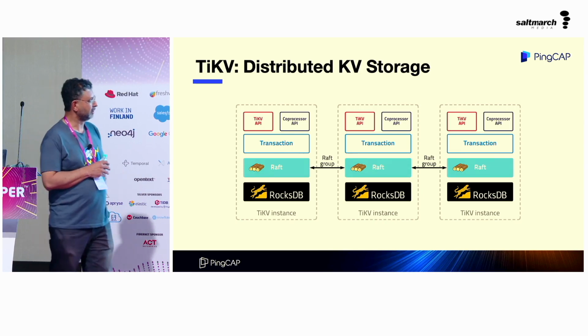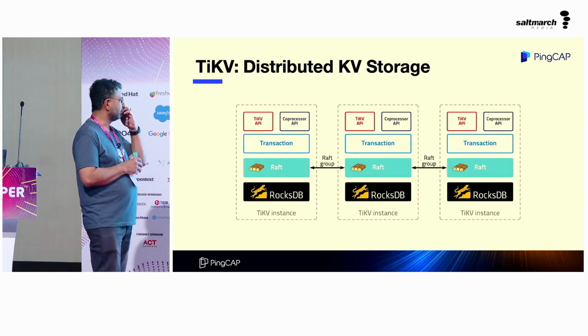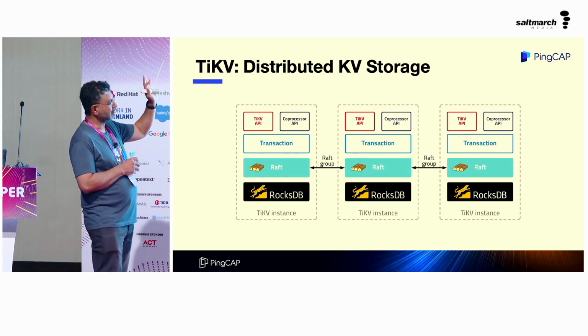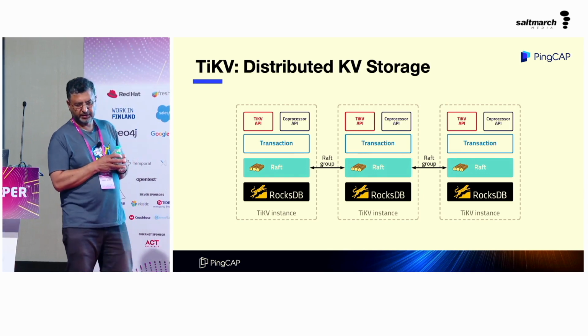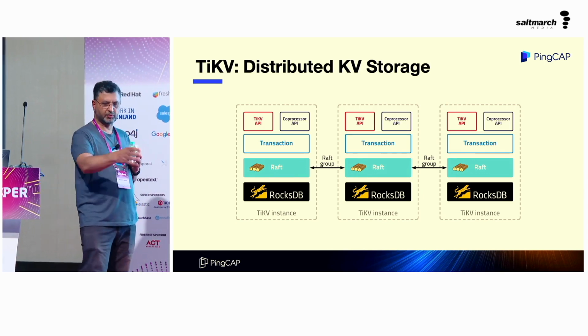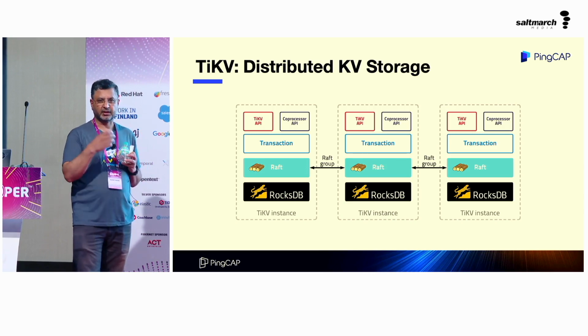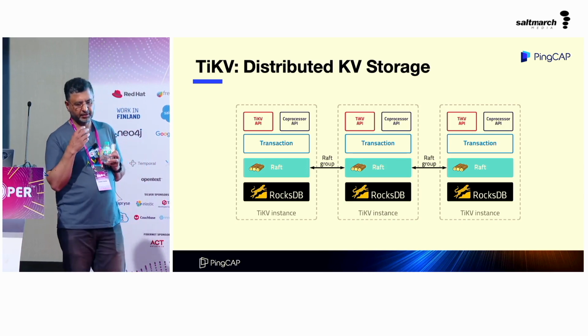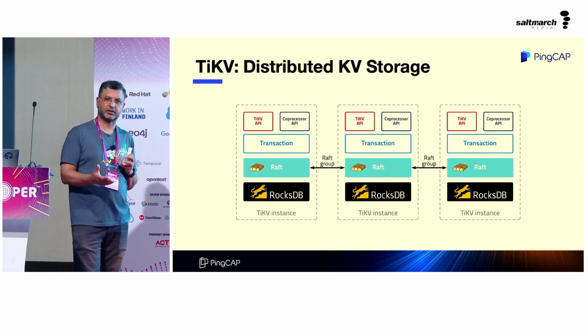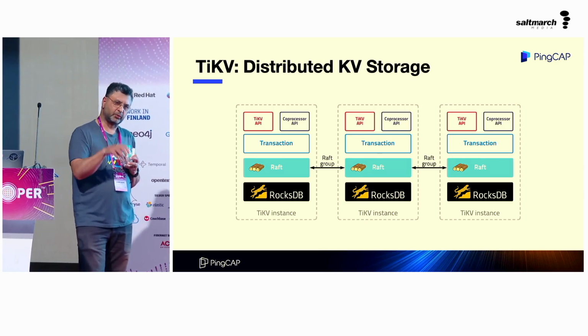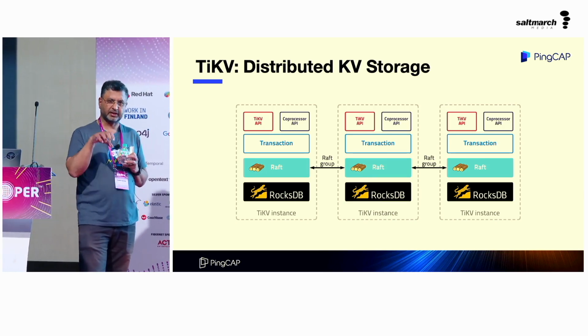It uses Raft. It has something called a coprocessor, which is a query push down. In a distributed system, you don't want to fetch individual rows from your storage, because that increases network I/O. It reduces a lot of latency. So you want to push the query down to the storage so it works closer to where the data is.